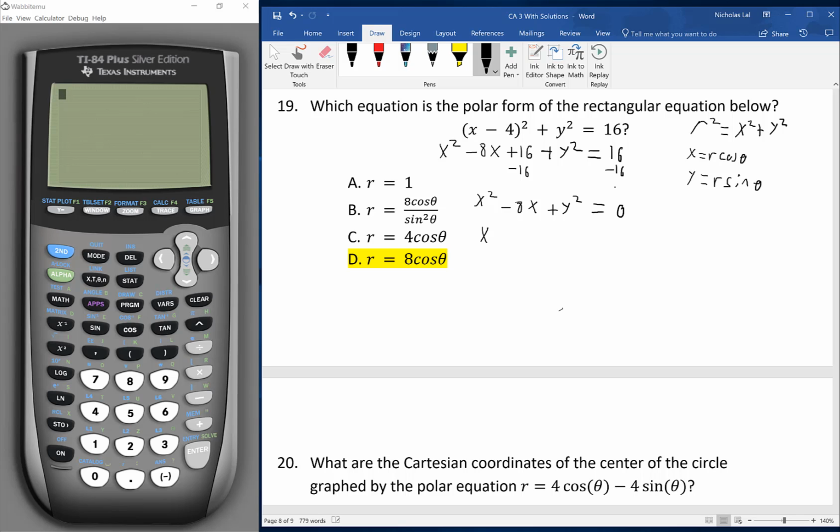So I have x squared plus y squared is equal to negative 8x. I have an x squared plus y squared here. This is part of my conversion formula. I have a negative 8x. I have an x here, which is another part of my conversion formula. So x squared plus y squared will convert into r squared. And negative 8x has become negative 8x is equal to r cosine of theta.